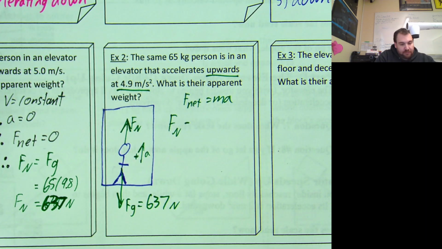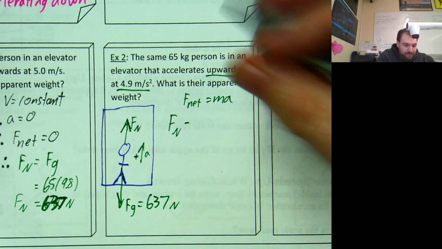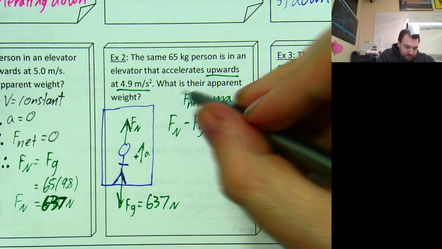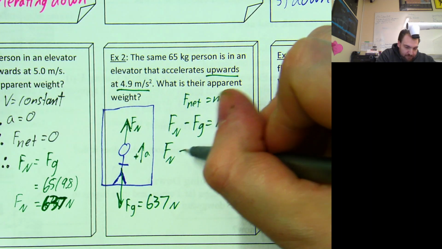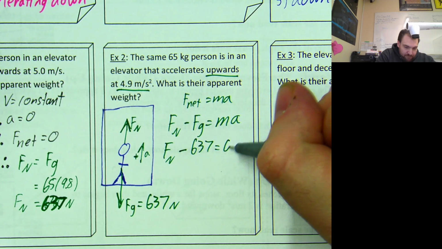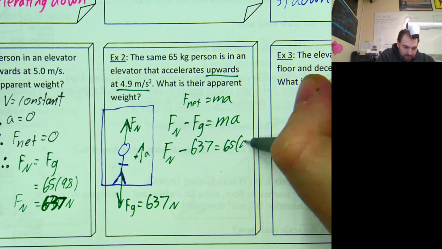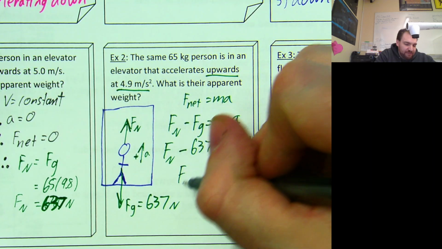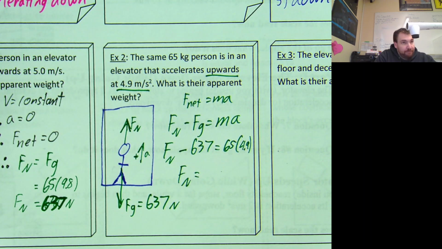Oh no, I got it, because I was thinking Fn would be 65 times 4.9. I was thinking that it couldn't be bigger, but this calculation is the result of the Fn. Yes, you were ignoring one piece. So then what is Fn going to be?